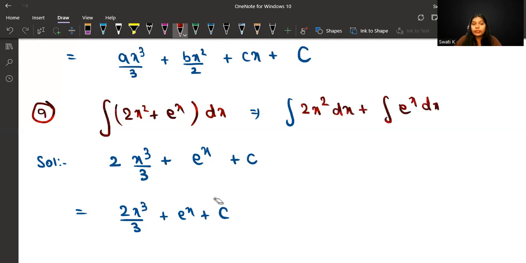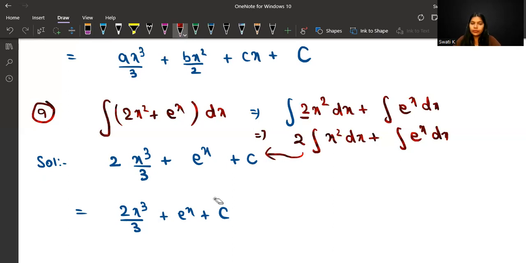If you want, you can add one more step to elaborate: that is a constant, that constant you'll keep outside, and then integration of x squared dx, plus integration e raised to x dx. Sometimes we have to write down the repetitive steps. After this you can go to this step: 2x cube upon 3 plus e raised to x plus c, and then the final answer.